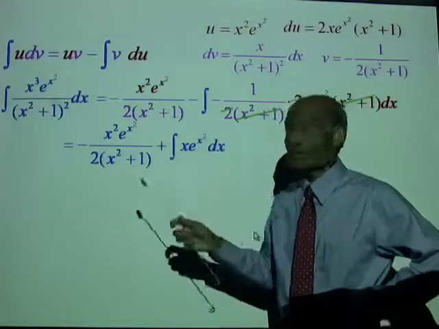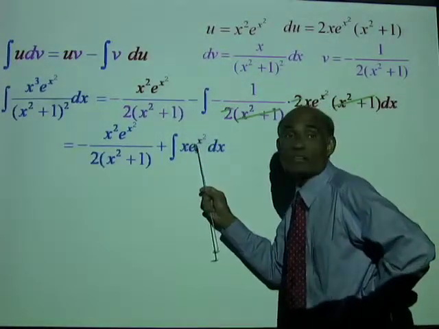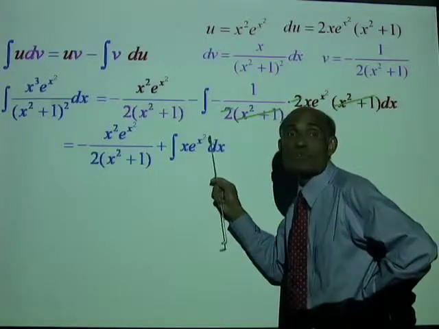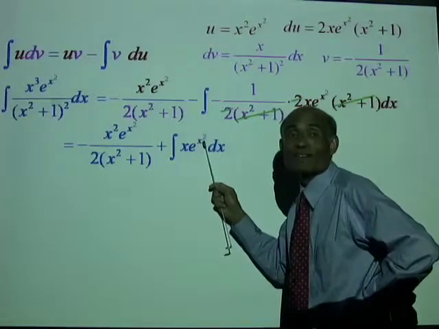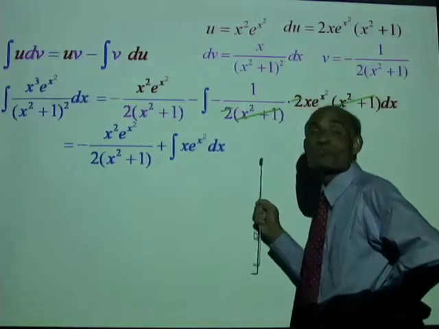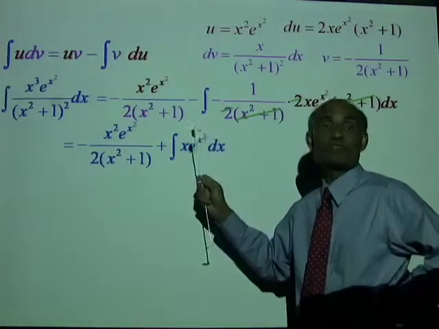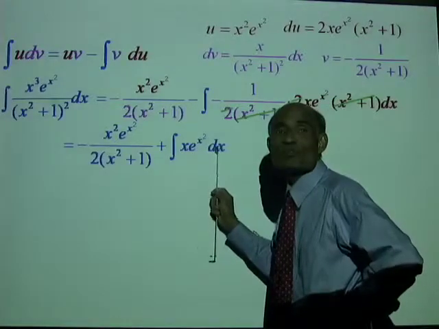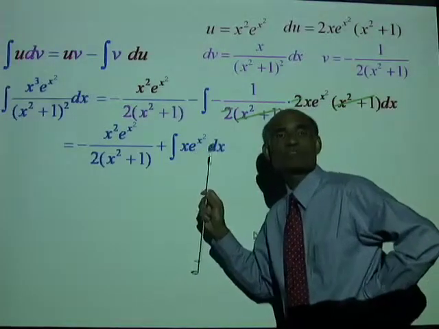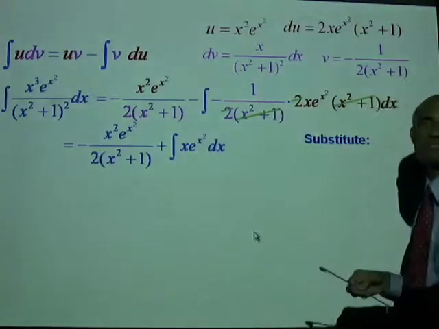It should, because you can now substitute u equal to x squared, and then du will be 2x dx. You can replace x dx by du. So immediately you must see that this can be integrated by a simple substitution.